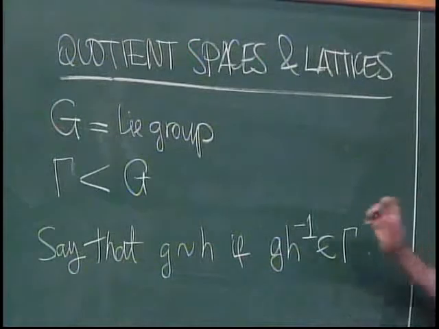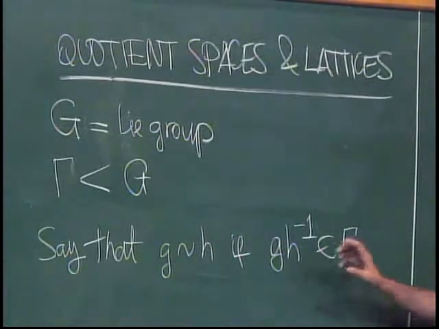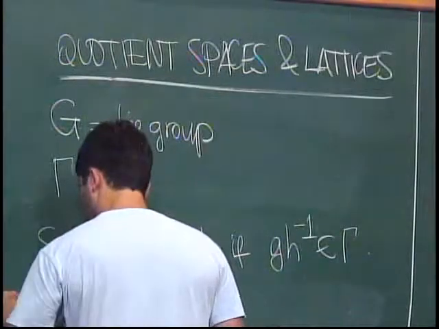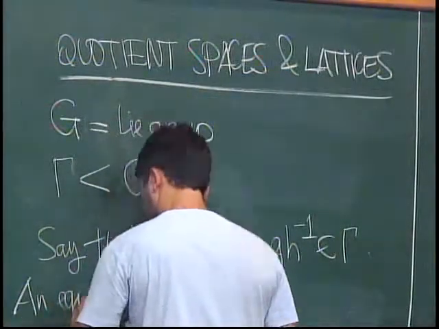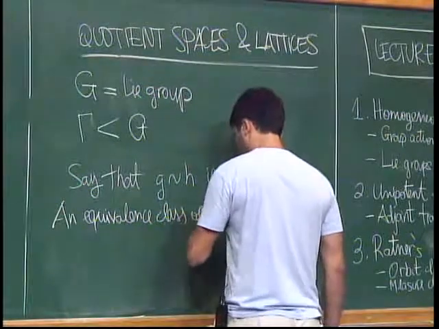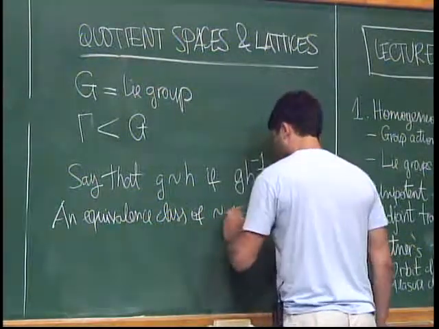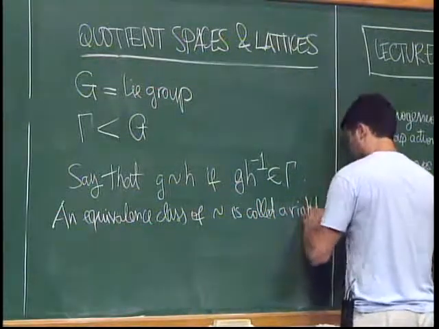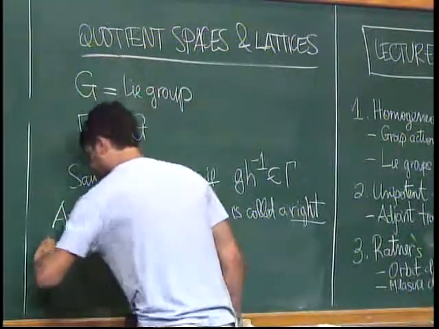This is an equivalence relation, and an equivalence class of this equivalence relation is called a right coset.